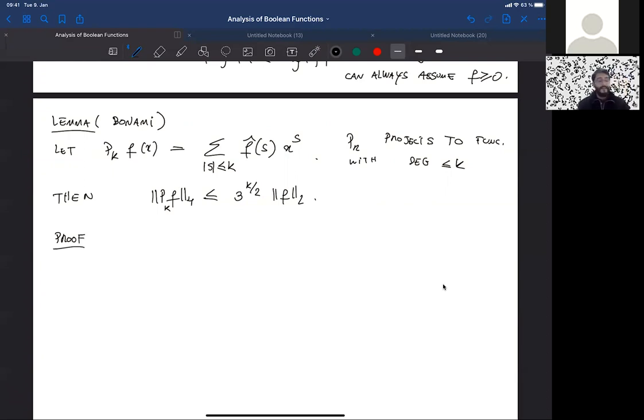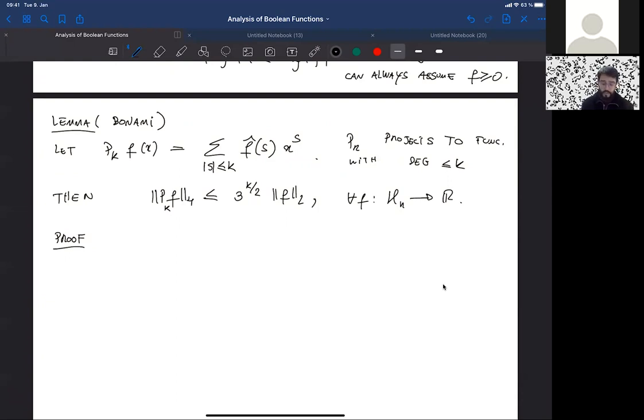It is one of those cases where, to show that this is true in Hn, for every f, this would be real hypercontractivity.